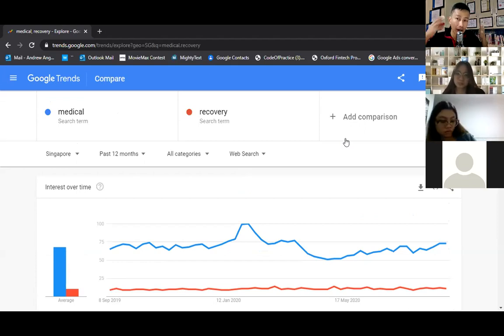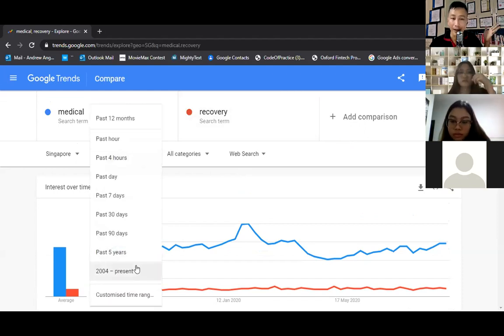Let's say you brainstorm and get 20, 30 keywords, but you will only buy one instead of the 20, 30 words. From here, you can make a finding. And there is the last 5 years, or even from 2004. Anyone know why 2004? Because they don't have data in 2003. Okay, anyway.